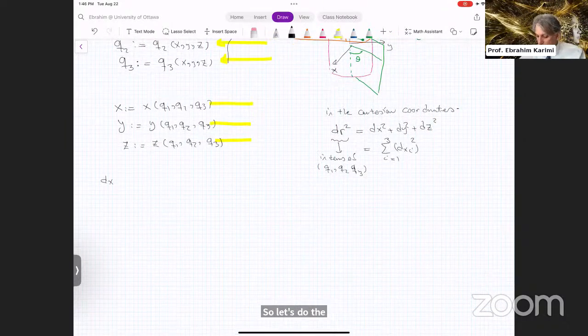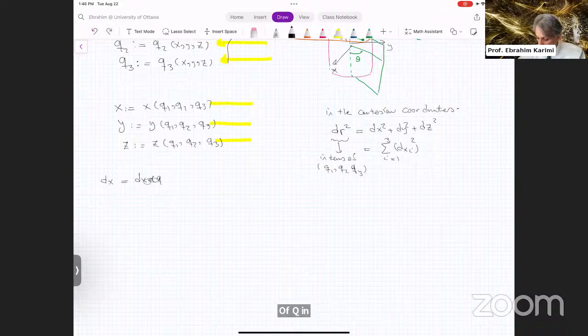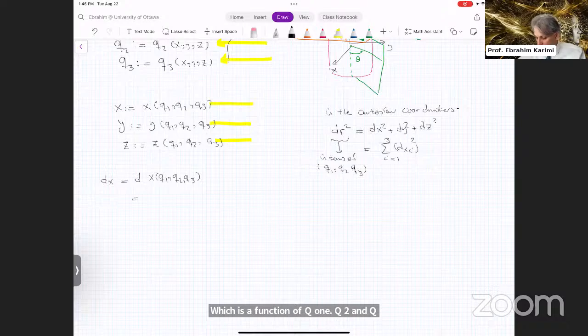So dx means that I have to calculate the differential of x, which is a function of q1, q2, and q3. Then I have to calculate the differential of that for increments dq1, dq2, dq3.